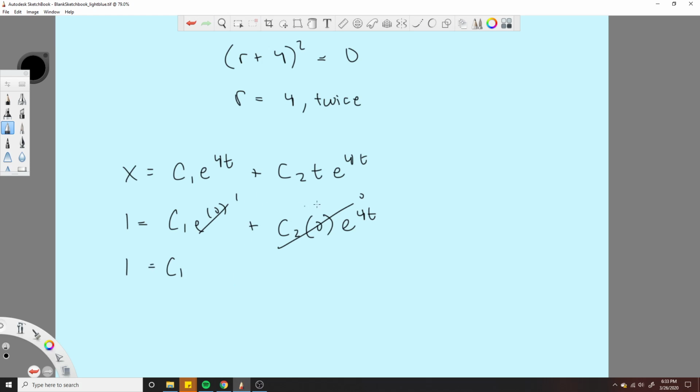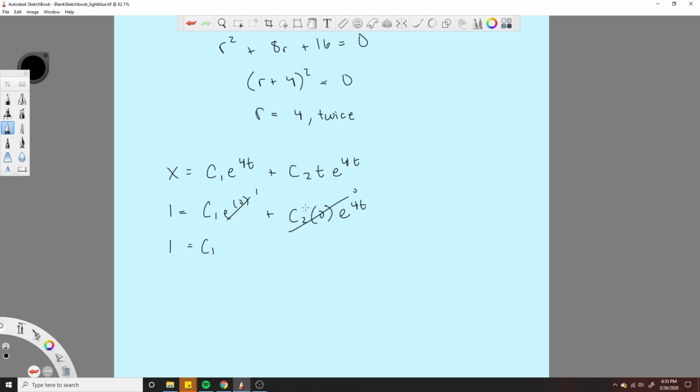Okay? But what about c2? How are we going to figure out c2? We have this now. I'll plug in the 1 for c1, e to the 4t, plus c2 t e to the 4t. Well, that still doesn't really help us for c2 because we have this x that's unknown. We have this t that's unknown. We have c2.